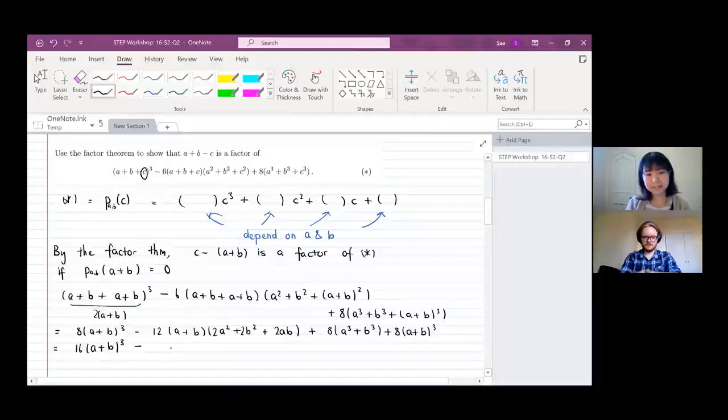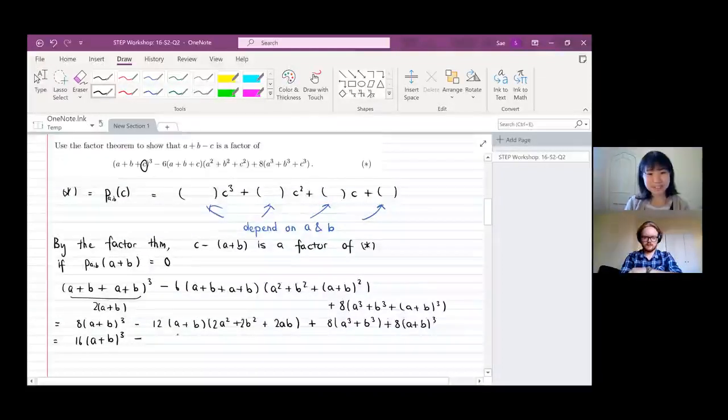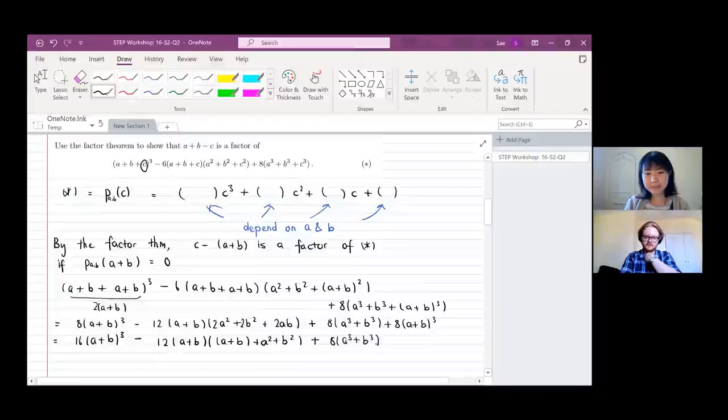minus, there are probably better ways I could have done this, but okay, let's keep going. 12(a plus b), actually, I'm just going to leave this as an (a plus b)(a squared plus b squared) plus 8(a cubed plus b cubed).